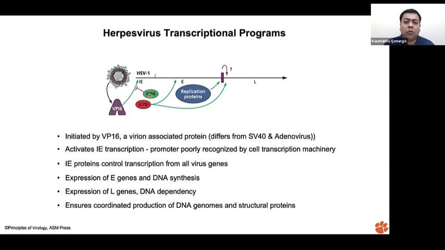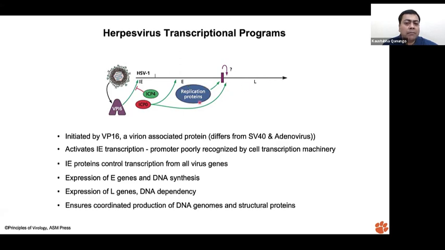ICP4 is absolutely necessary for the synthesis of the subsequent early and late genes as well. And ICP0 also enhances the early as well as the transcription of the late genes.